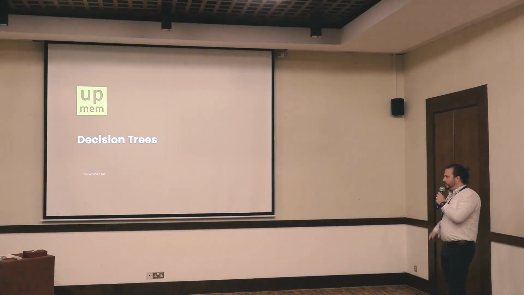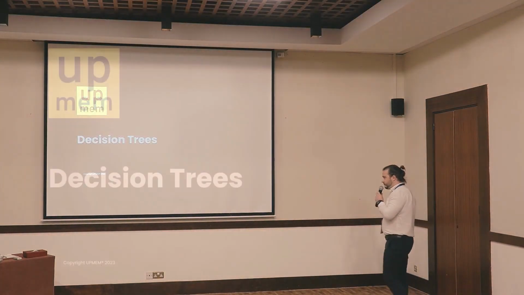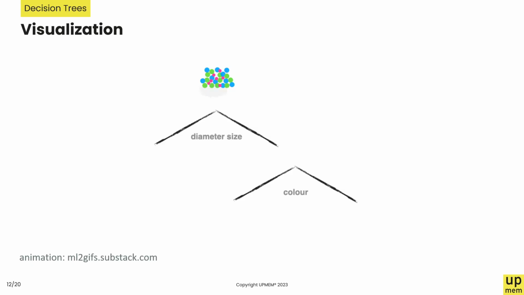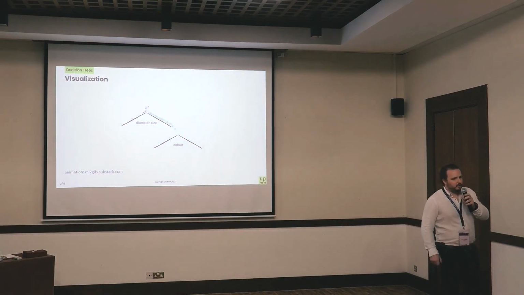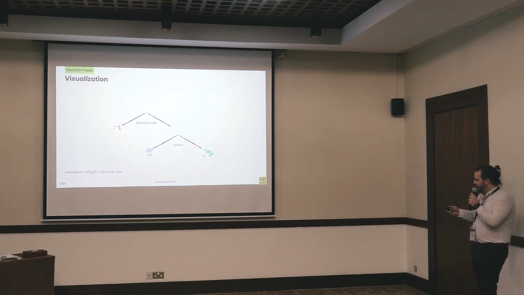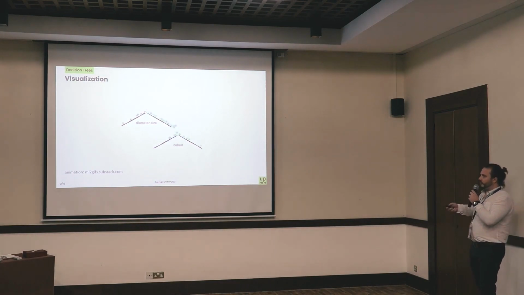So let's try the other one, right? Decision trees. I mean, everybody understands decision trees. You start with several points, and then you try to split them according to some criteria. And now you've got a new leaf, and then you repeat the process until you build the tree and you can't split the leaves anymore. And you evaluate several criteria at each step.